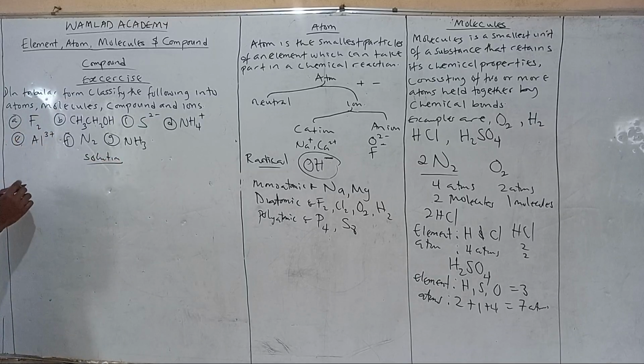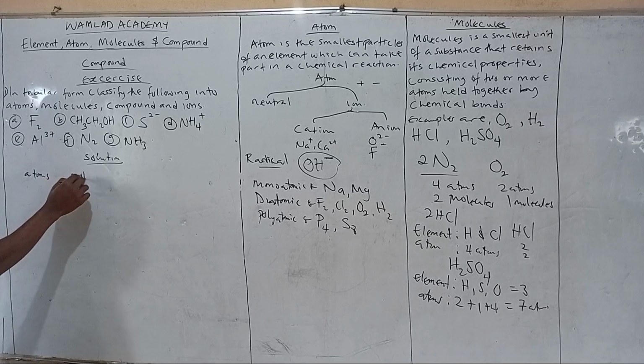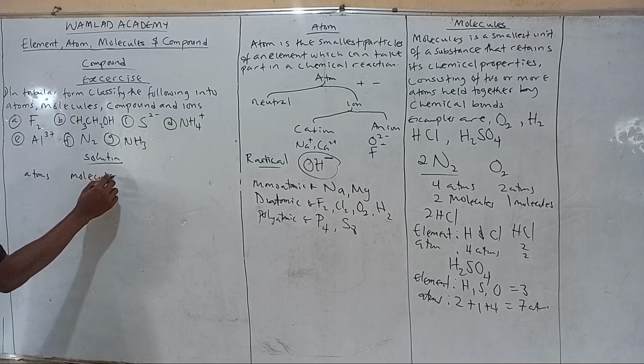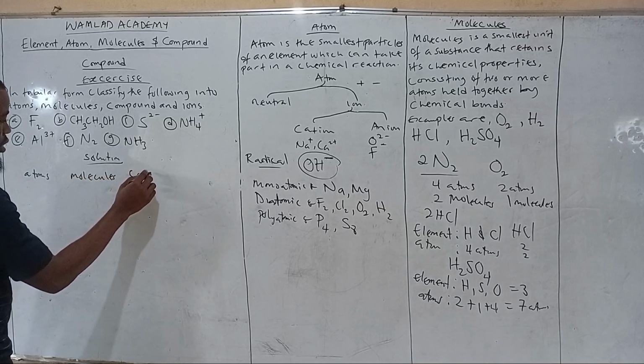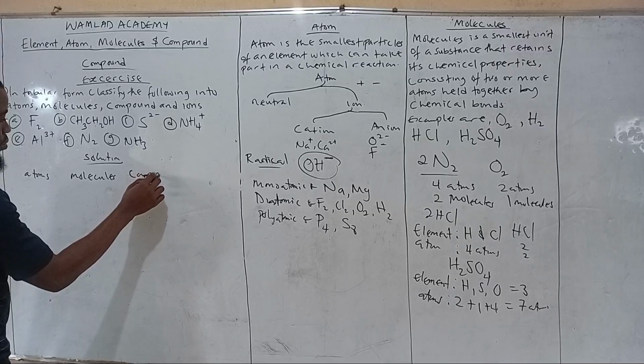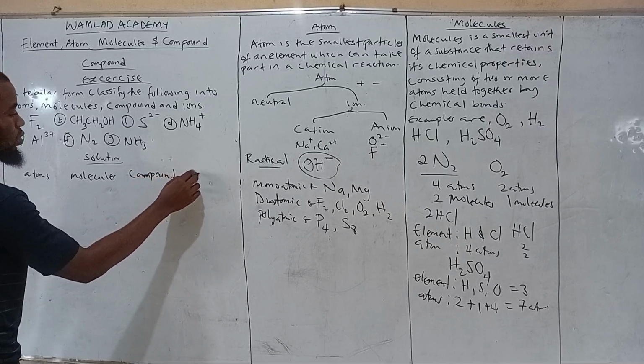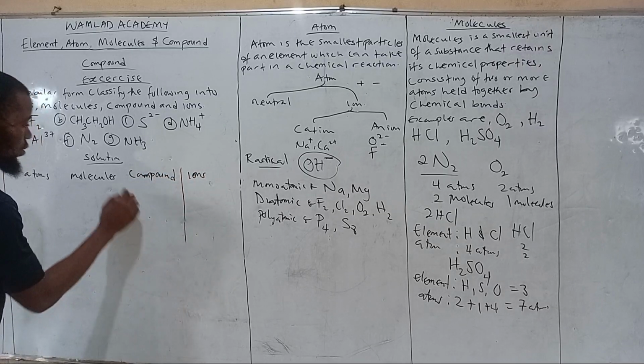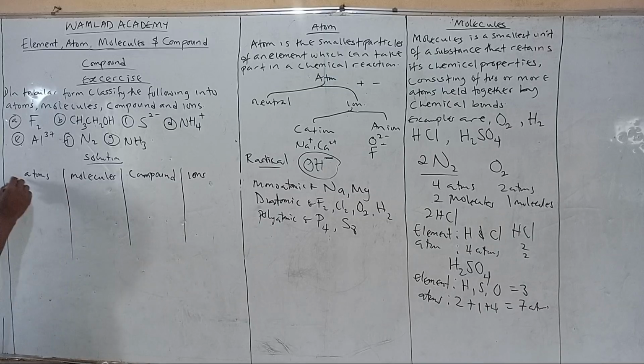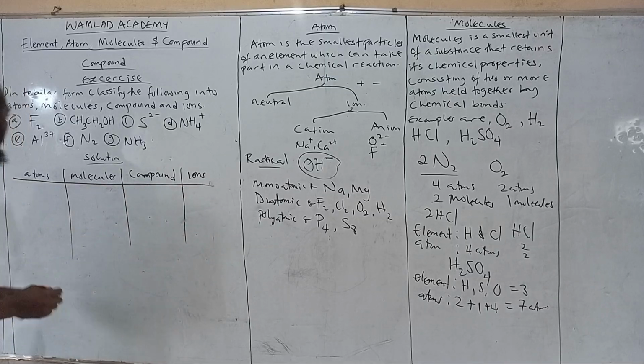You have the set into atoms, you have molecules, you have compound, and you have ions. Let's check the first one. You have F2. Is this an atom, molecule, compound or ion?